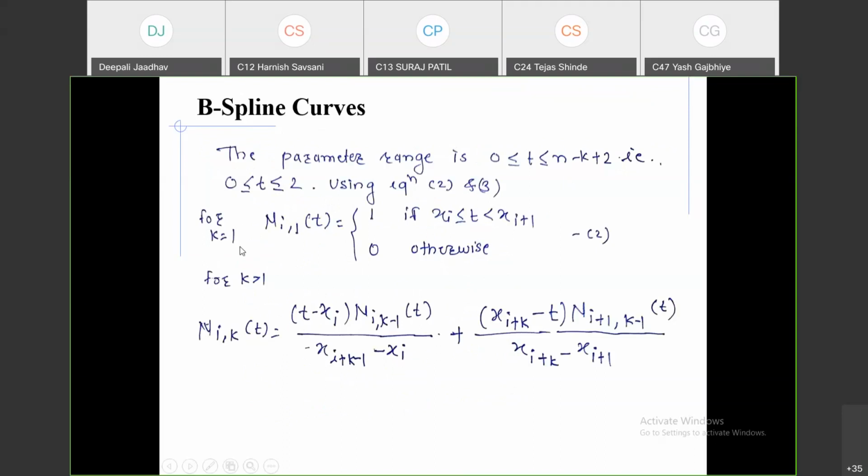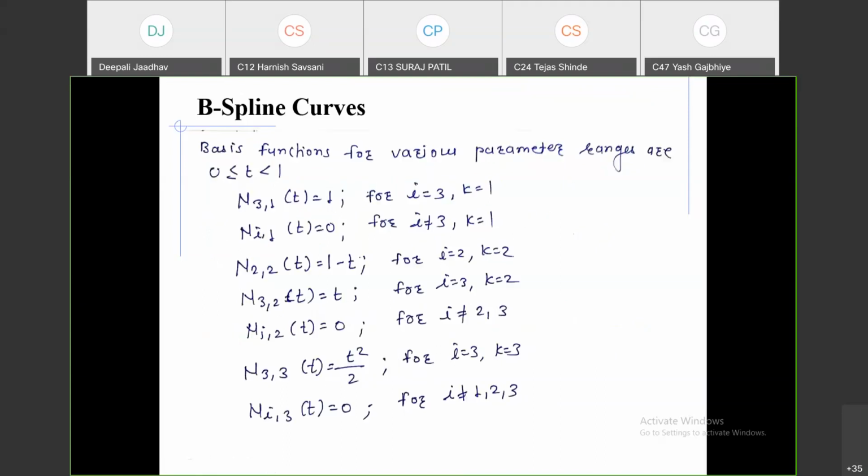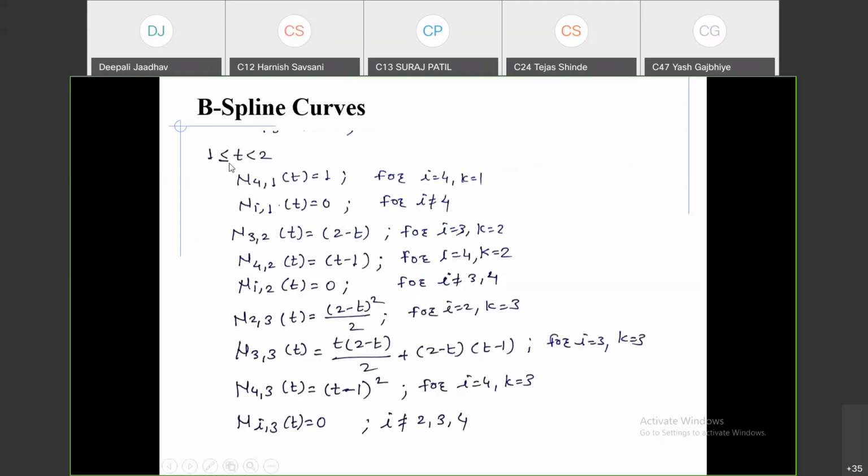When k is equal to 1, we consider this equation. When k is greater than 1, this equation is considered. And this is for t ranging from 0 to 1, and this is for t ranging from 1 to 2.